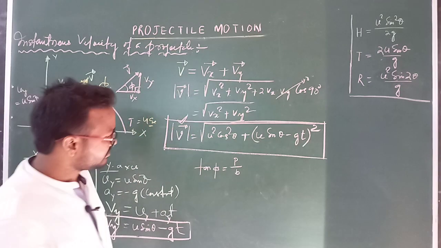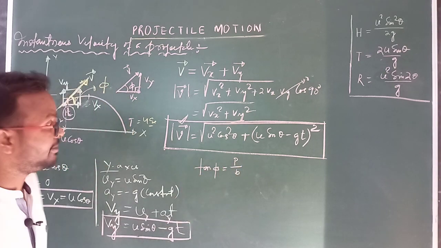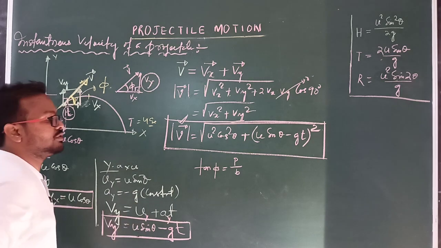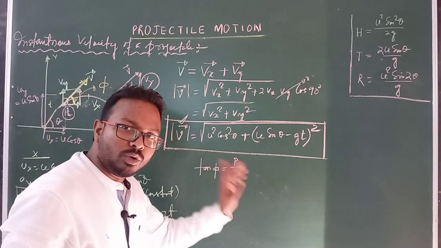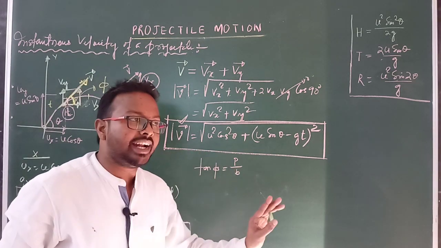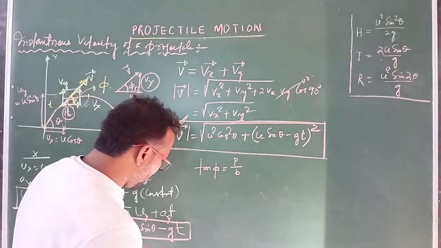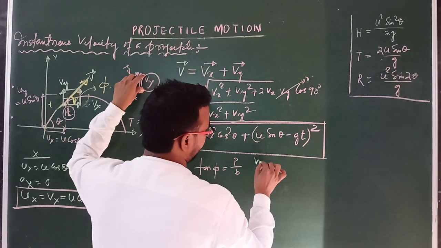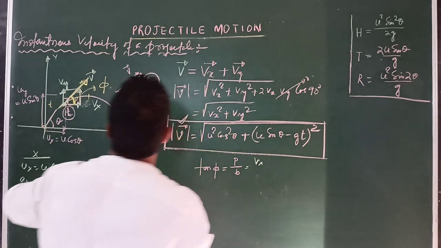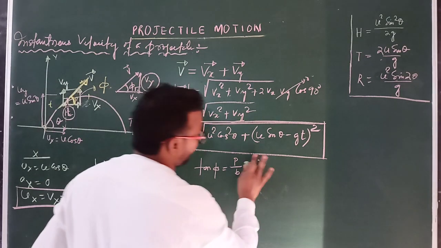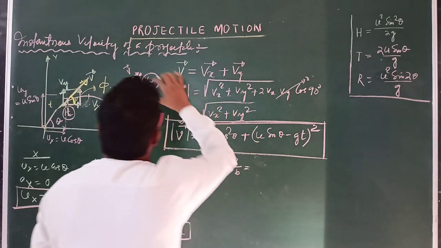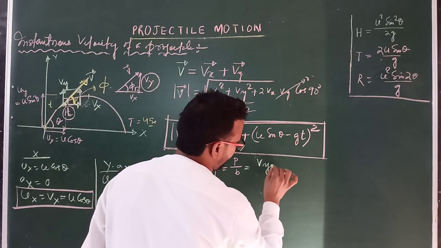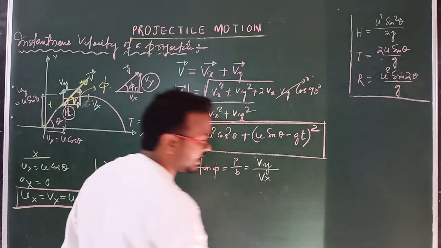Clear? So here p by b, perpendicular upon base. If this angle is theta, then this is base and this is perpendicular. Always you have to write magnitude, because we cannot divide two vector quantities. So the perpendicular is Vy and the base is Vx, so P by B is Vy divided by Vx.